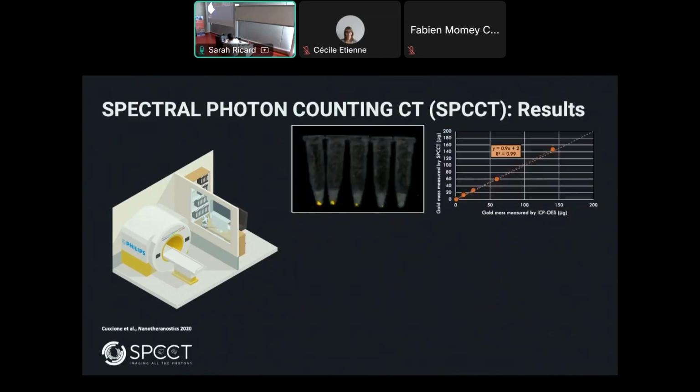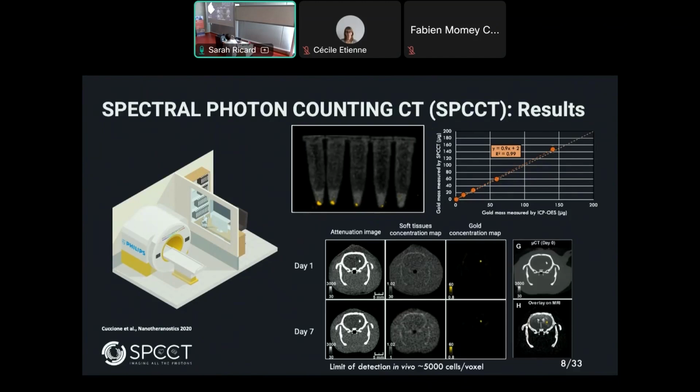And once again, here you have linearity to the concentration of iodine and gold measured by the clinical unit.